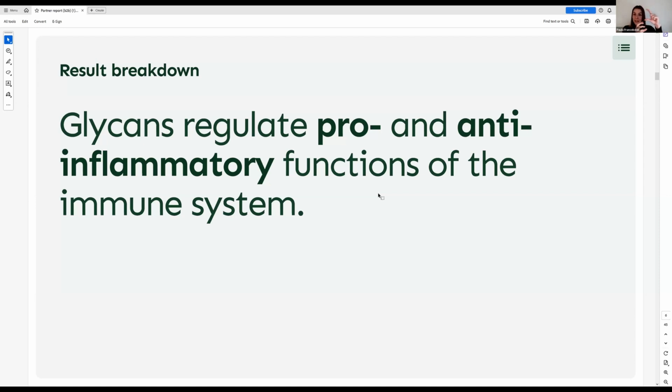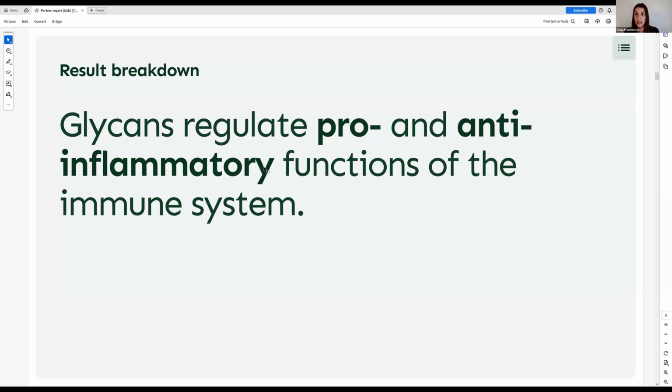If they are created in an anti-inflammatory way, they would activate the opposite metabolic pathway, so they would activate anti-inflammatory pathways. So generally what we want to have is low levels of the pro-inflammatory glycans and high levels of the anti-inflammatory glycans in a healthy state.